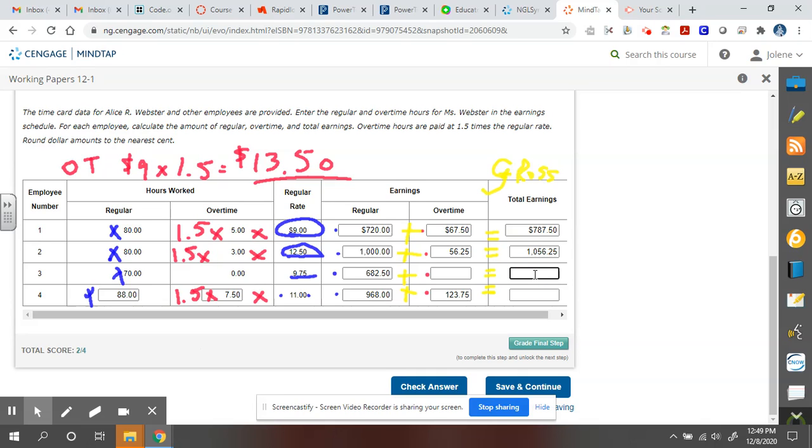Employee 3 is going to be 682 and 50 cents. And our Alice, employee number 4, going to add her regular pay plus her overtime pay. And I got $1,091.75.